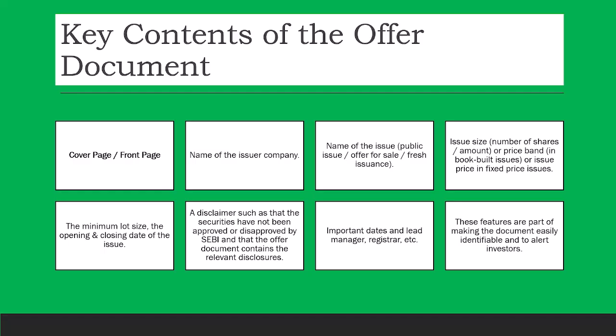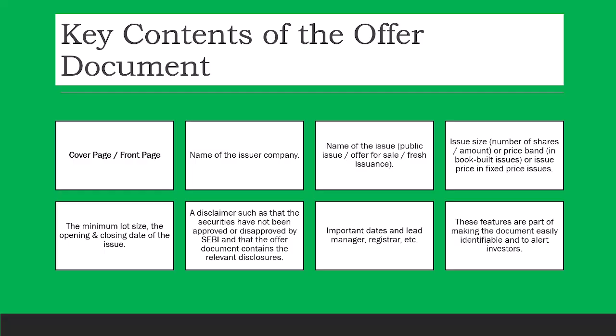So the front or cover page will consist of the name of the issuer, and what this issue is coming for. Is it a public issue, an offer for sale or fresh issuance? Then issue size, number of shares and amount, or the price band if the amount cannot be specified because the price is not fixed, so a price band in case of a book built issue, or issue price in fixed price issues.